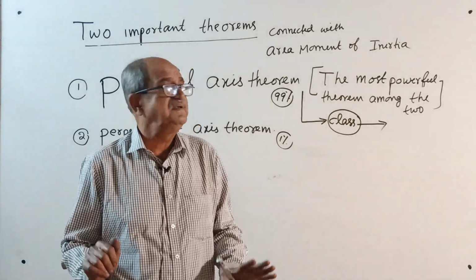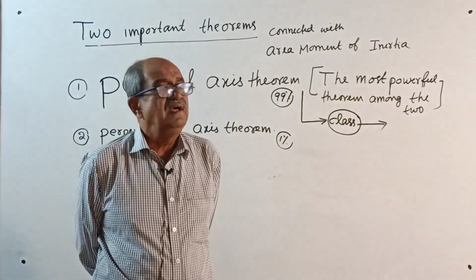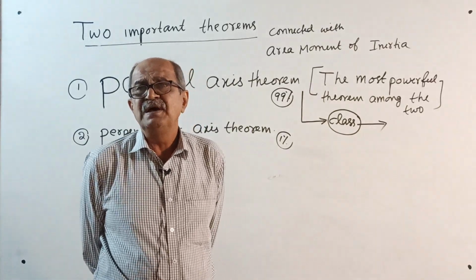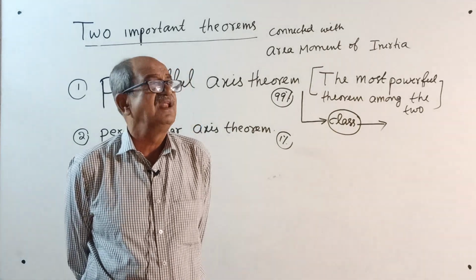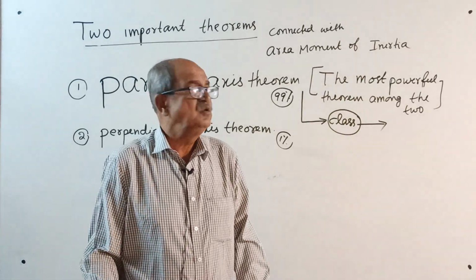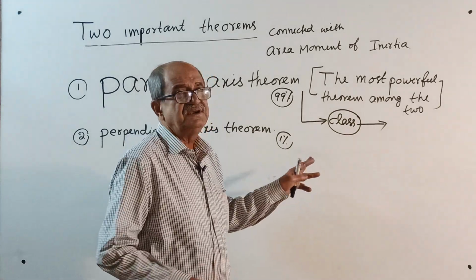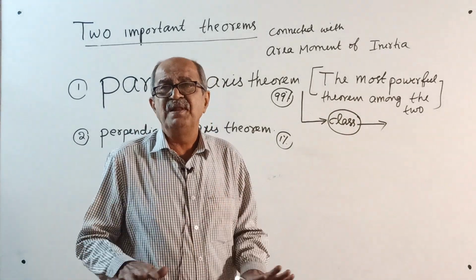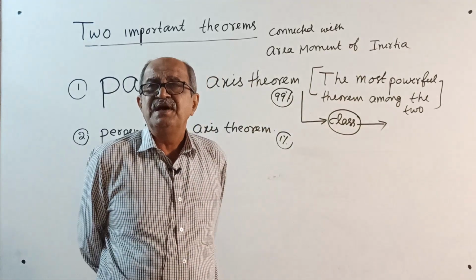I don't know the exact class number. Then we will go for deriving expressions for moment of inertia for standard cases: rectangle, triangle, circle, semicircle, quadrant of a circle. All those we will start deriving.